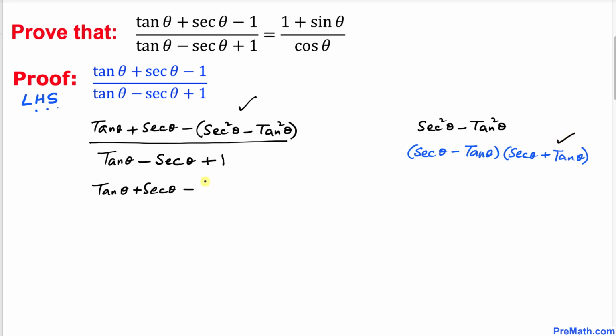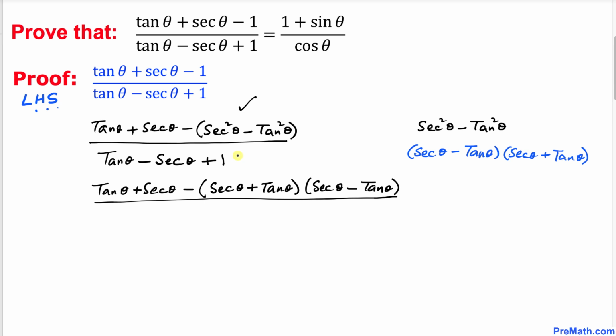So I can write this one as secant theta plus tangent theta, and then times secant theta minus tangent theta, and divided by this denominator. I'm just going to leave it as it is: tangent of theta minus secant of theta, and then plus 1.